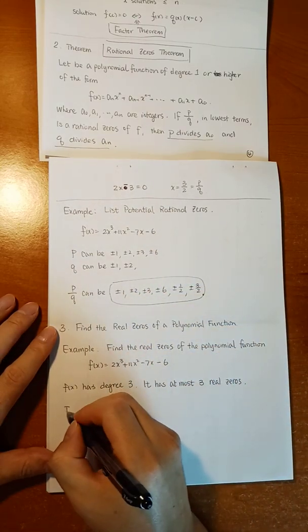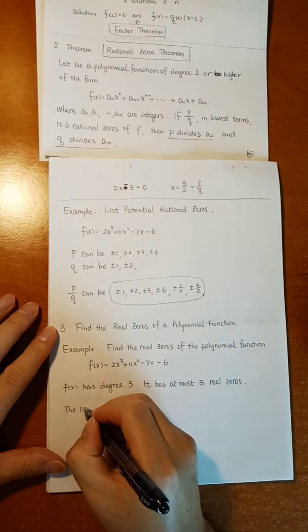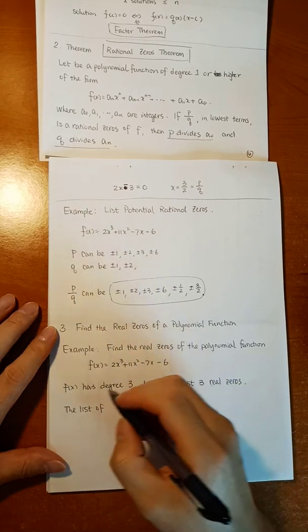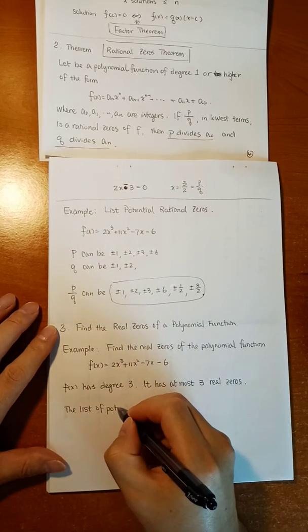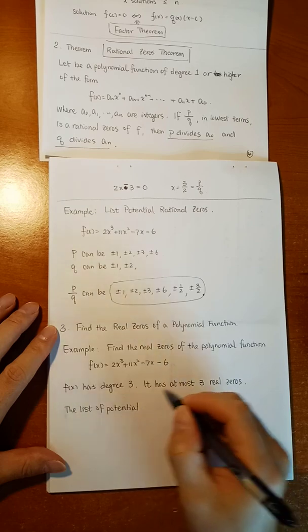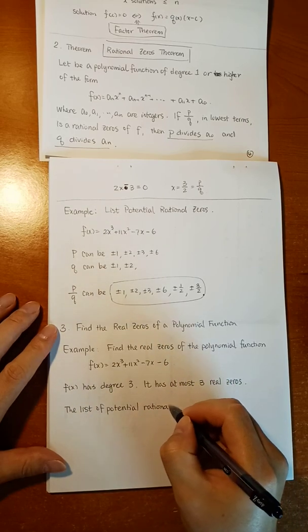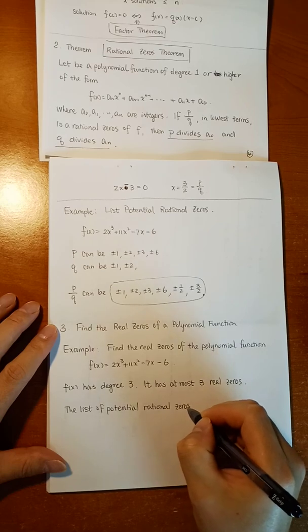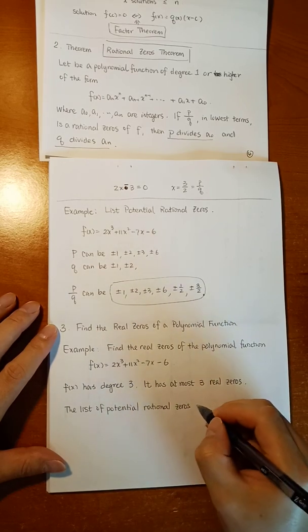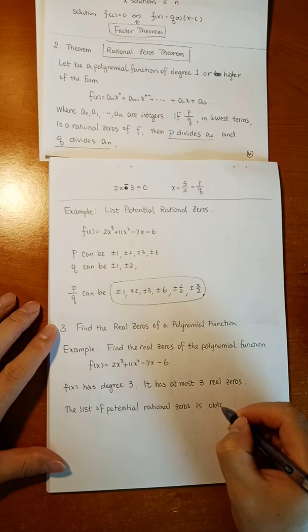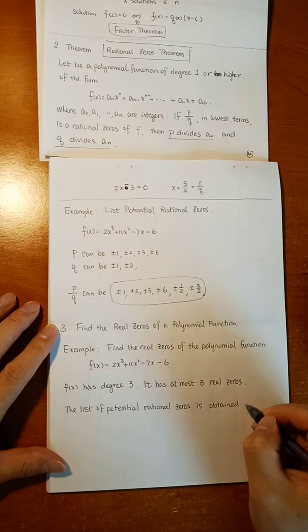So the list of potential rational zeros is obtained above.